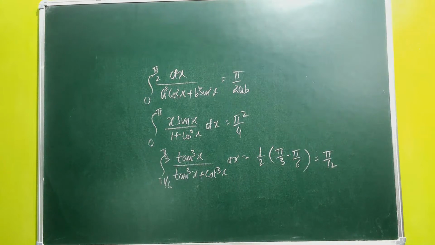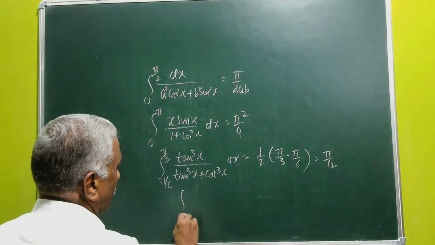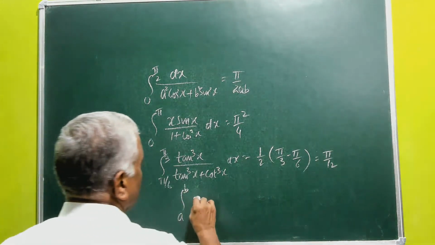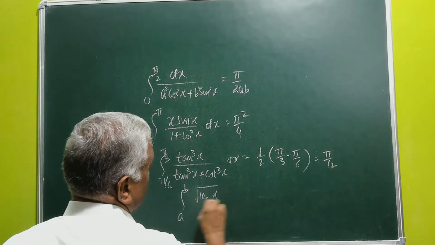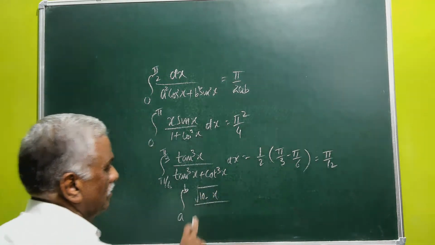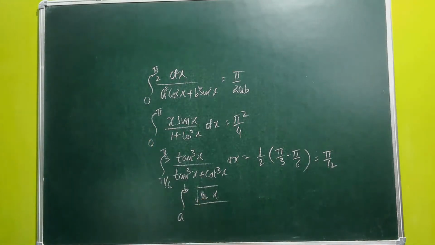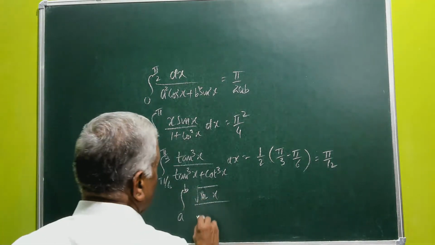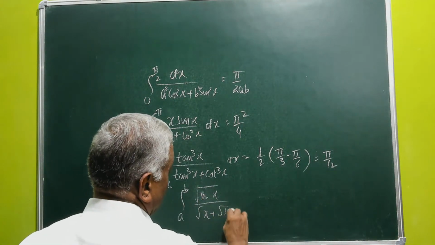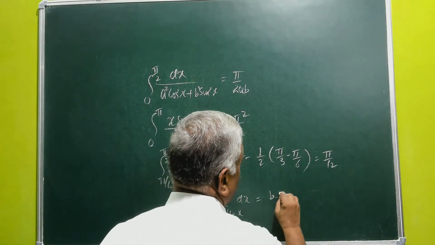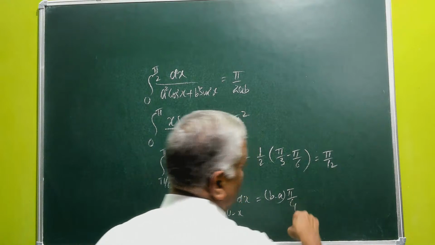Another problem, a to b, root of something like 10 minus x, or a minus x, over root x plus root of 10 minus x dx is equal to b minus a.